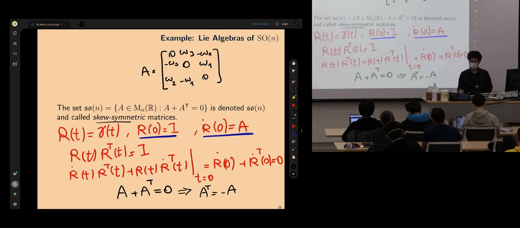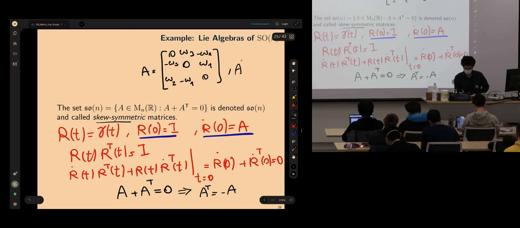Now, if you transpose this matrix, it won't change the diagonal terms. Because it is skew-symmetric, the off-diagonal negative signs will also move, so you will get A transpose is negative of A.